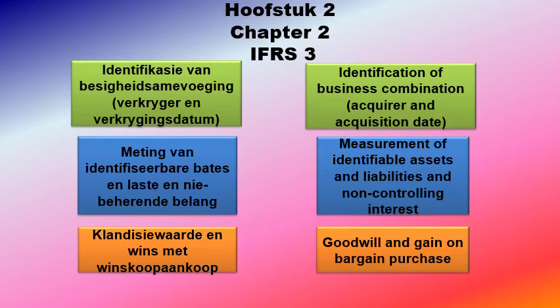Then it helps you to measure your identifiable assets and liabilities in order to consolidate, so what amount to use to measure them at. And lastly, it helps you calculate your goodwill. And if you did not have any goodwill, and maybe a gain on a bargain purchase is applicable, then it helps you to measure and calculate that.